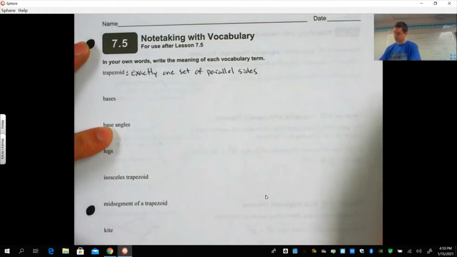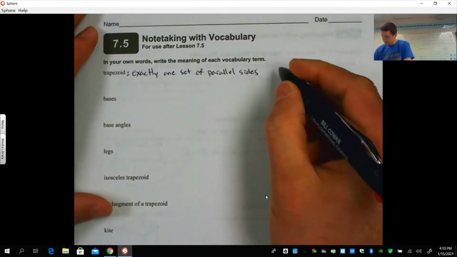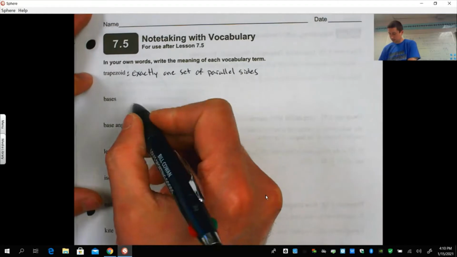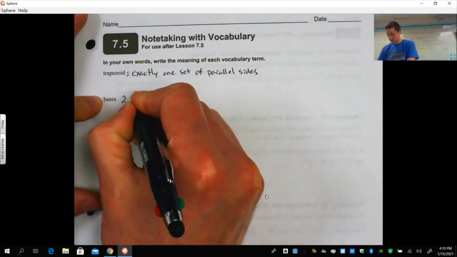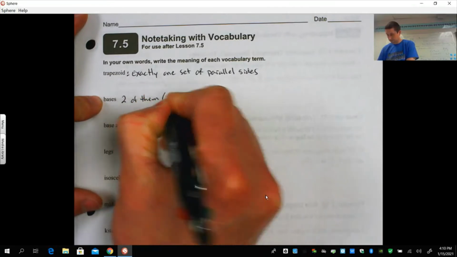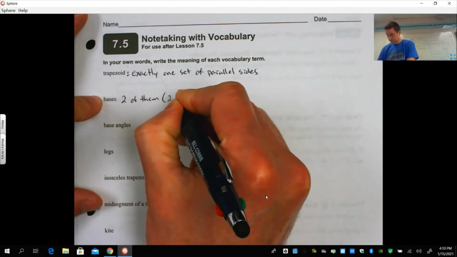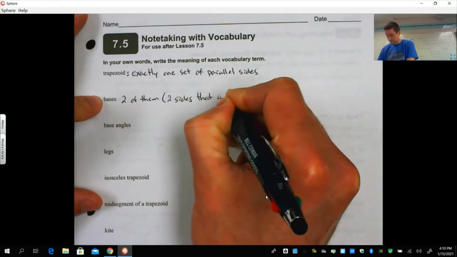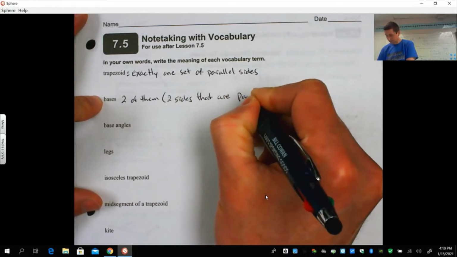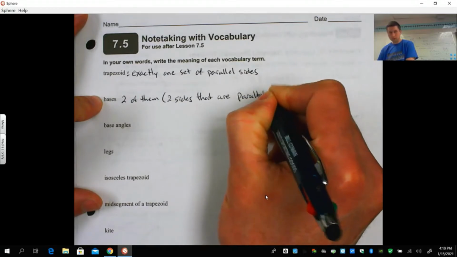Exactly one set of parallel sides. Okay. The bases. There are two of them. So that is the two sides that are parallel. Two sides that are parallel.